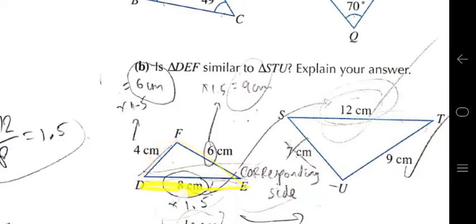So of course I need to compare the longest one with the longest one. 4 is the shortest side, so I need to compare 4 with 7, which is also the shortest side. And 6 is the middle one, so I need to compare 6 with 9, which is also the middle one.